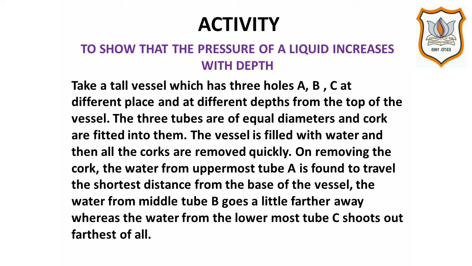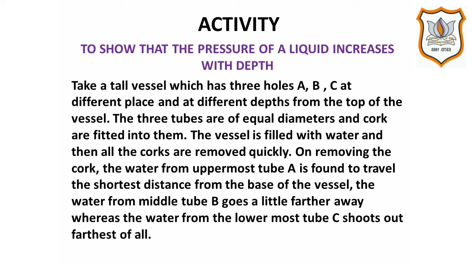The vessel is filled with water and then all the corks are removed quickly. On removing the corks, the water from the uppermost tube A is found to travel the shortest distance from the base of the vessel.